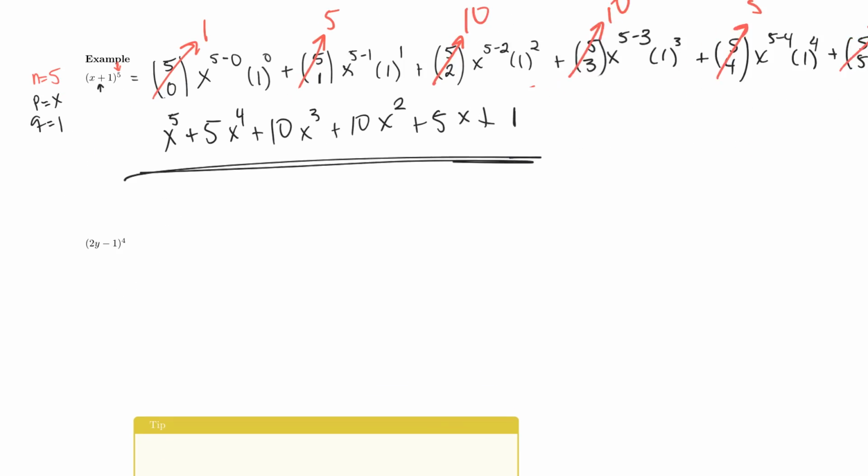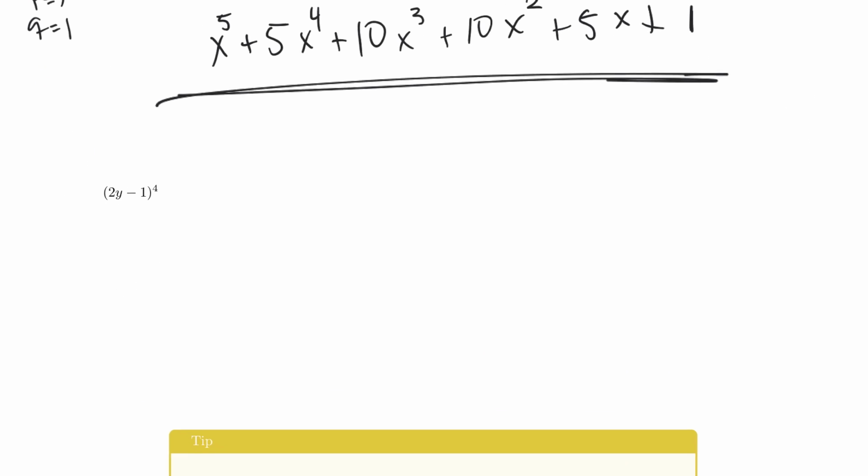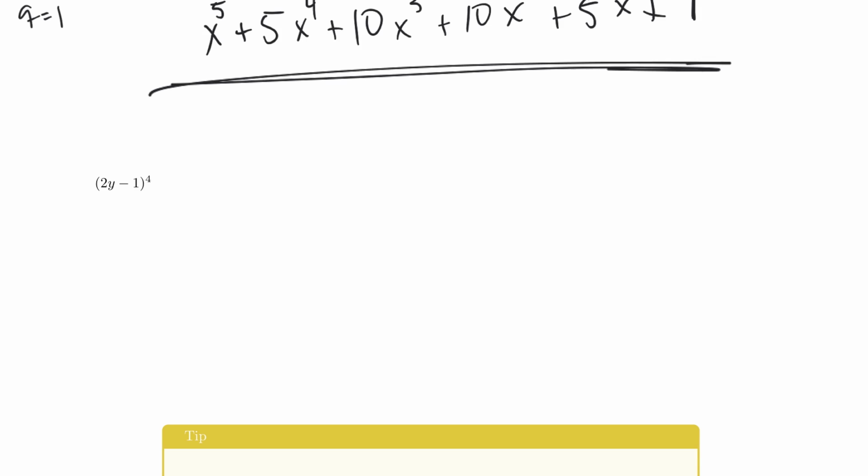Okay. Next one will be 2y minus 1 to the 4th power. So let's write down our binomial theorem equation.